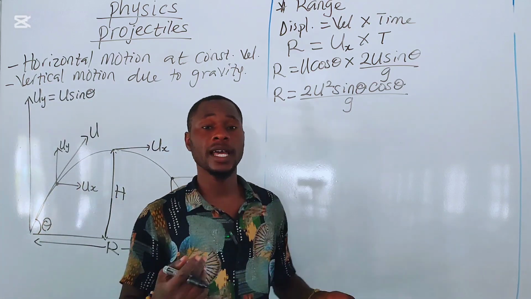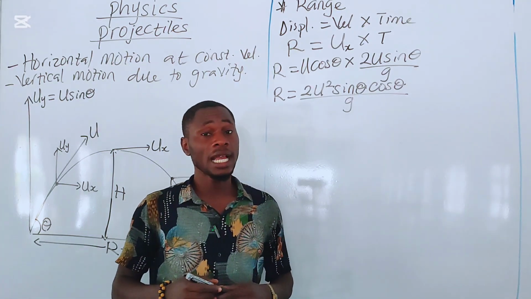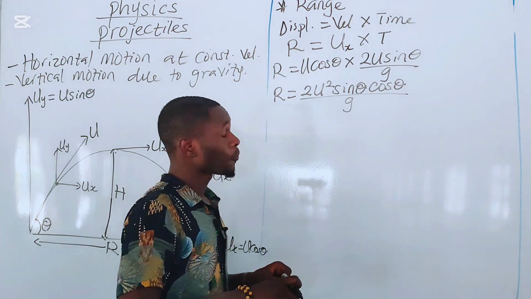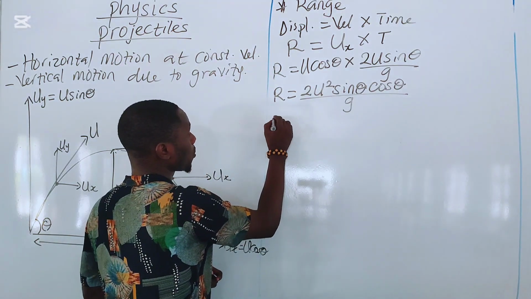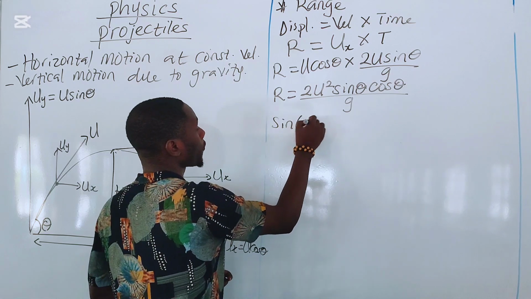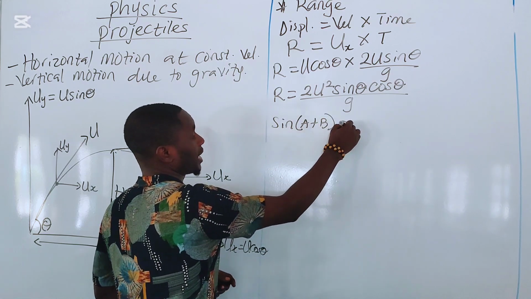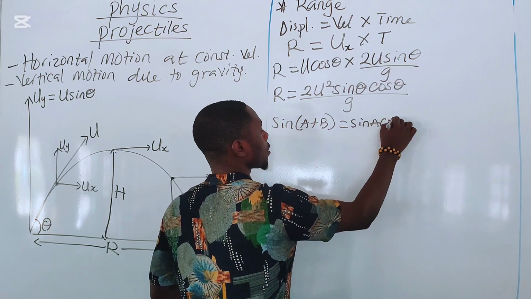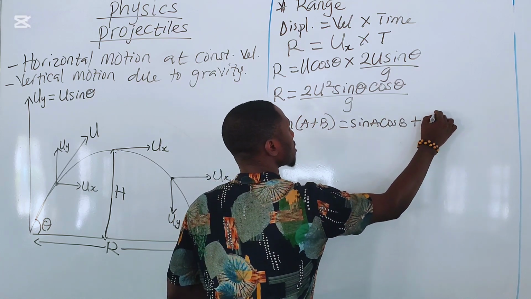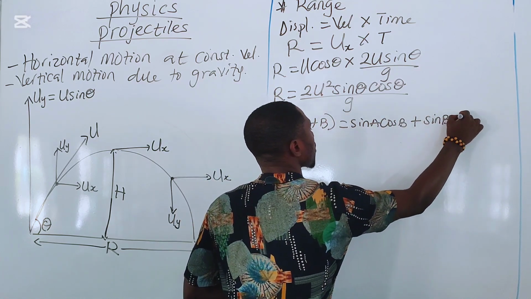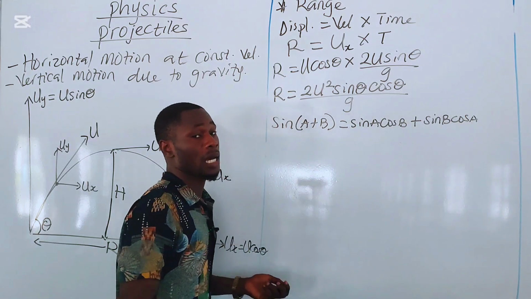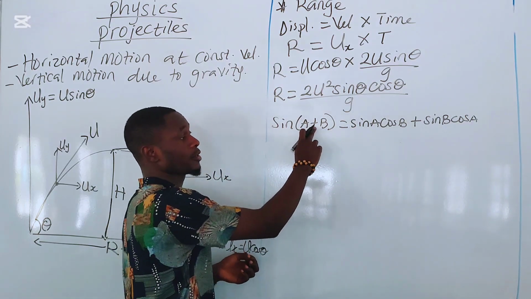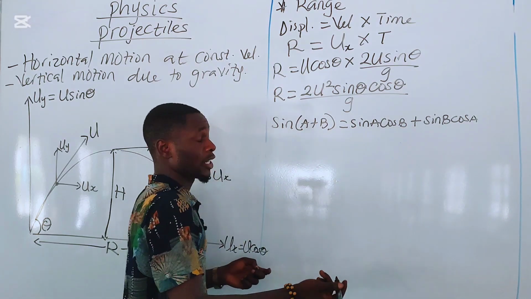Okay, so we're going to apply some trigonometry identities. From trigonometry identities, sine of a plus b is the same thing as sine a cos b plus sine b cos a. And if this place is minus, this also becomes minus.